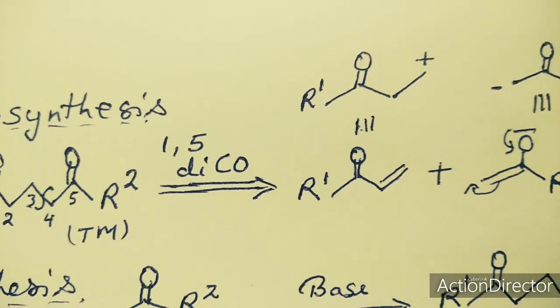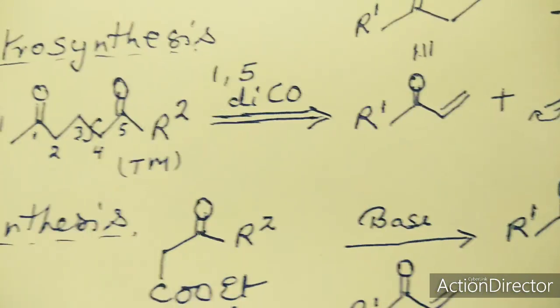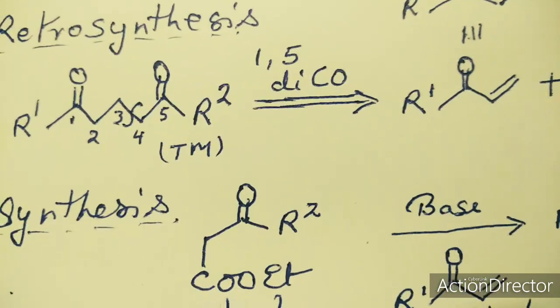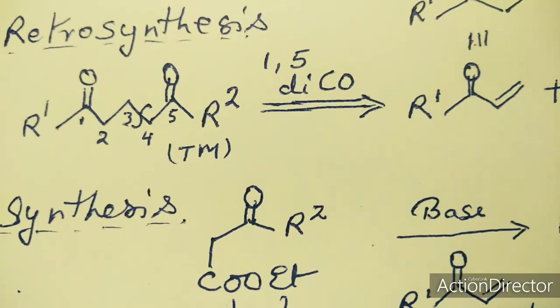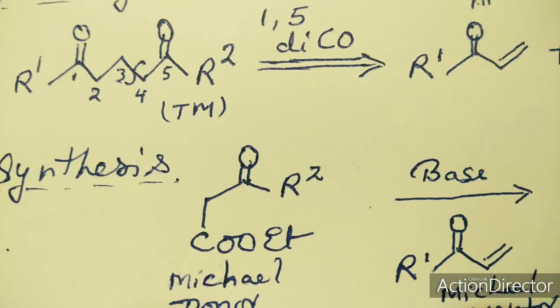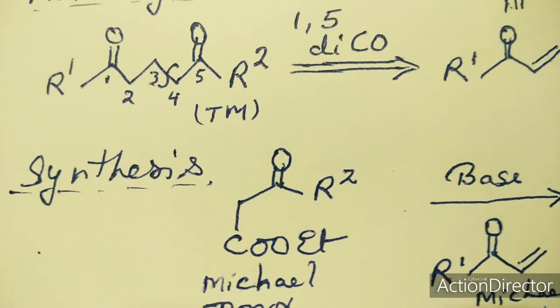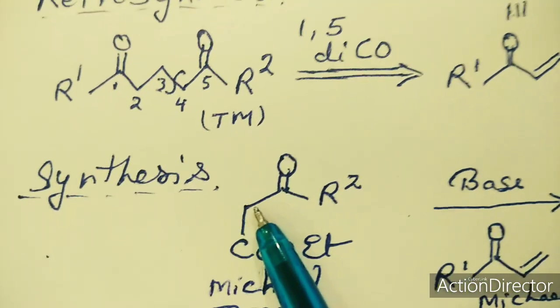When they are combined, that is when the synthesis is done. This was the retrosynthesis, the reaction in reverse. Now when these two react, this very active compound has an acidic hydrogen in alpha position.